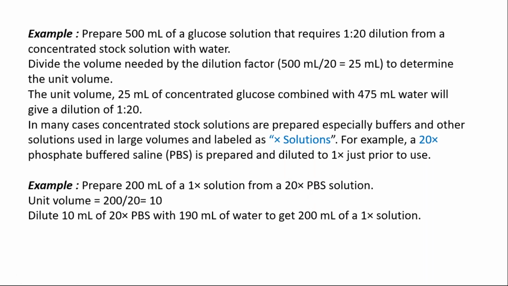So now when you have to make a dilution, the unit volume here is 20. If you have to make 200 ml, you take 200 divided by 20, so it is 10 ml. So you take 10 ml of the stock and you dilute it in 190 ml, and you get a 20x dilution.